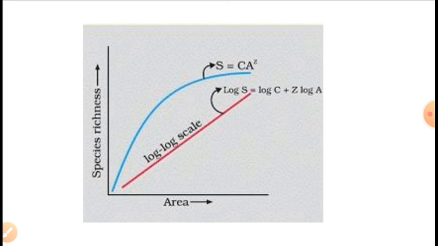As we know, log S is equal to log C plus Z log A; that is the equation for the linear line on the log scale. The other curve shows the species area relationship S is equal to C A to the power Z.